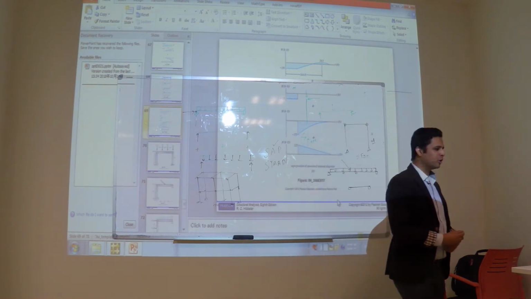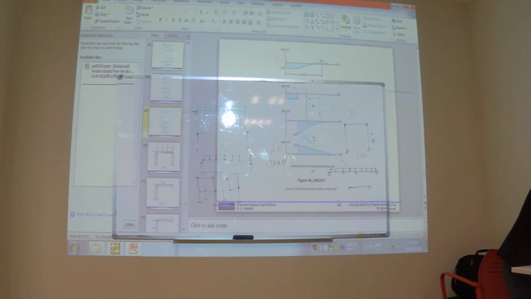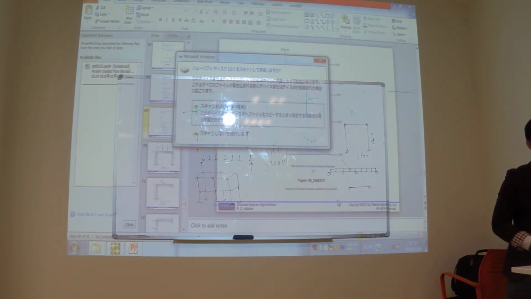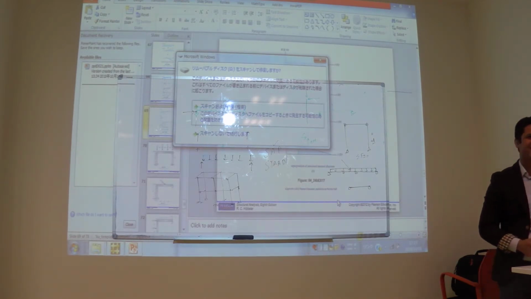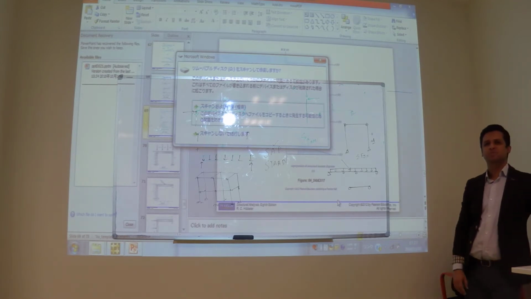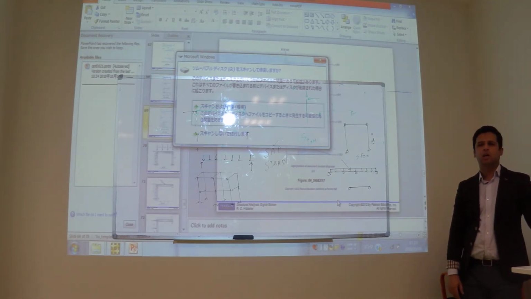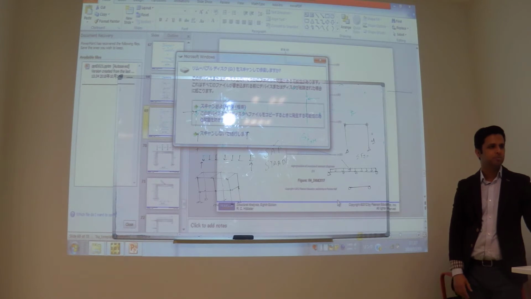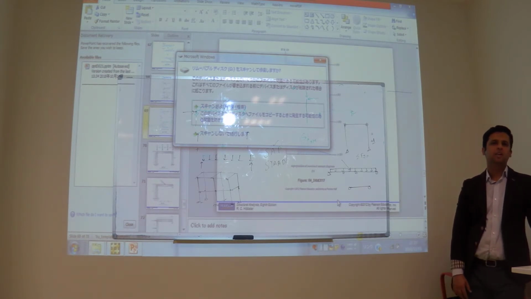For example, let me show you some of the drawings. Most of the time I teach SAP, but I use STAAD. Why? Because most of my work is steel design, and my specialty is more towards steel, like concrete design.